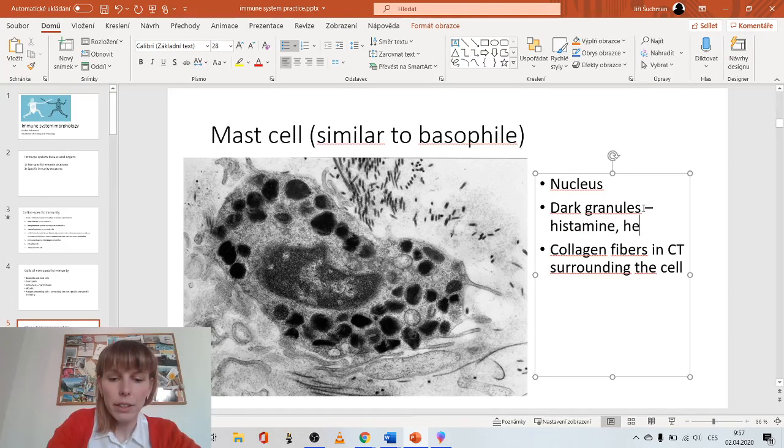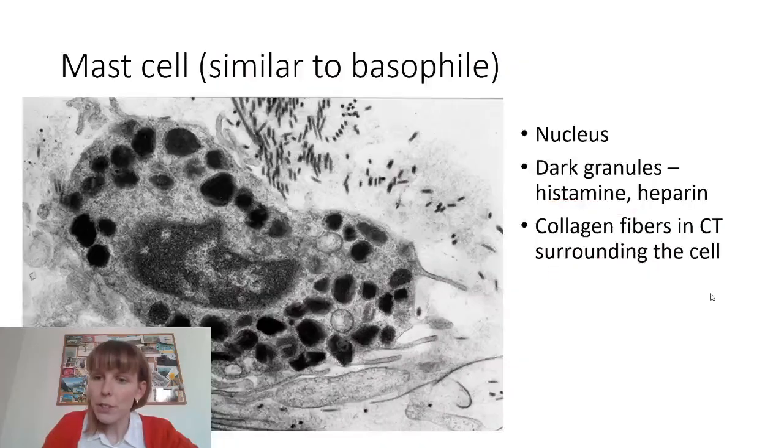Histamine, heparin. And so these compounds are important for activating the immune system, and heparin is a blood thinner, so it makes it easier for other immune cells to get there. Histamine, from allergies, so it's the compound that makes you a little bit itchy. So these are the dark granules.